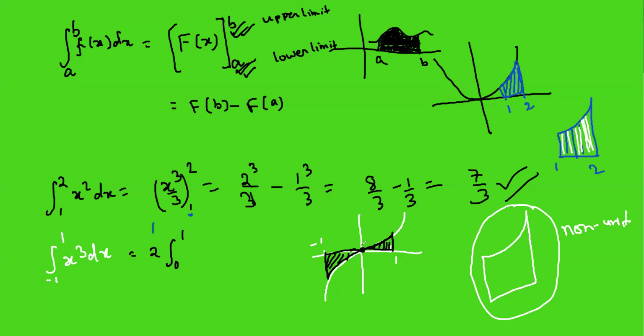Why with 2? Because this is a symmetric figure. Let's suppose this is area A, this is A. A plus A is 2A. So find the area of one part and multiply with 2. Okay? It makes sense.